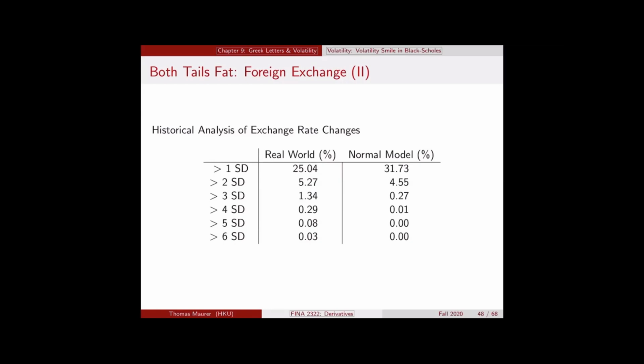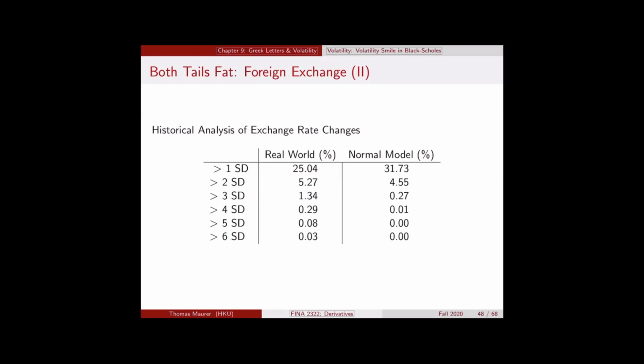And then finally, about 2 to 3 standard deviations away, here the normal distribution doesn't do all that bad a job. But then we also see between 1 and 2 standard deviations away, here actually in the real world we don't see enough realizations of these kinds of returns, while the normal distribution would say that should be much more likely.